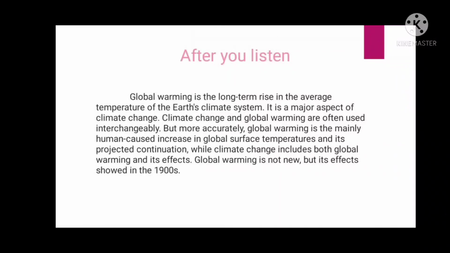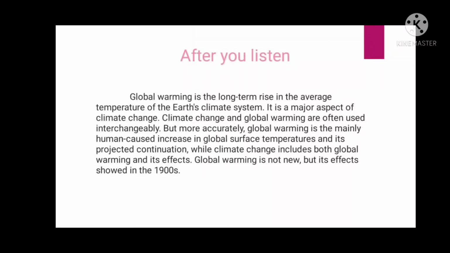Okay, a human-caused increase in global surface temperature and its projected continuation, while climate change includes both global warming and its effects. Let me finish reading and then I'm going to explain. Global warming is not new for sure, but its effects showed in the 1990s. When we say global warming and climate change, here we can use the words interchangeably, but there is a slight difference.